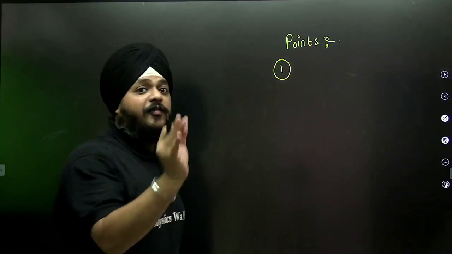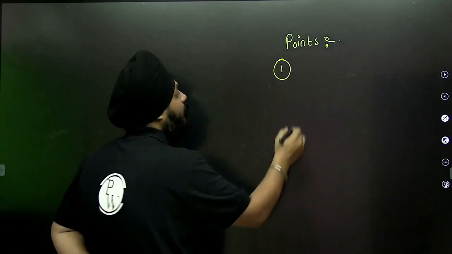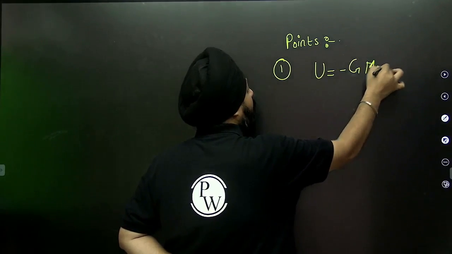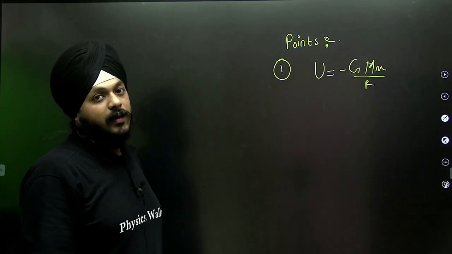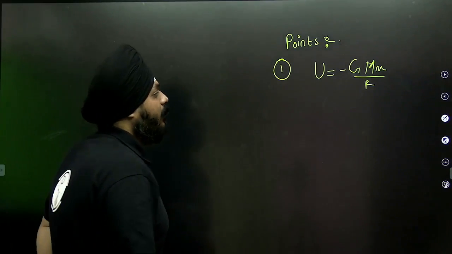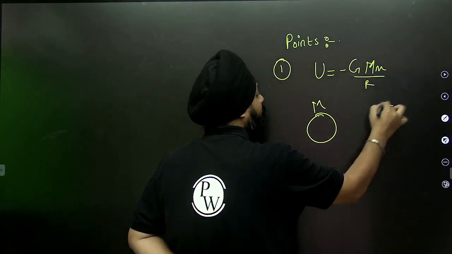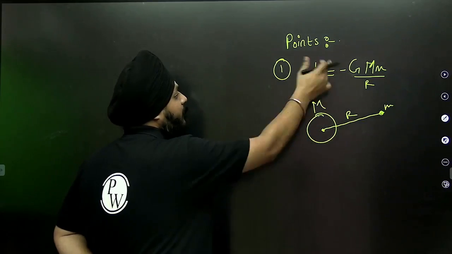First, the value of the gravitational potential energy is always negative. What does the formula state? G capital M small m divided by r, where r is the distance between the test mass and the Earth. Suppose this is the Earth of mass capital M, this is a small m, and they are separated by distance r. Then this is the formula.